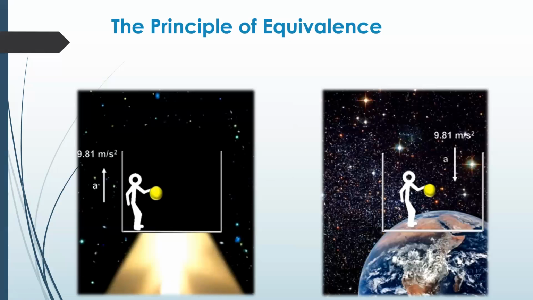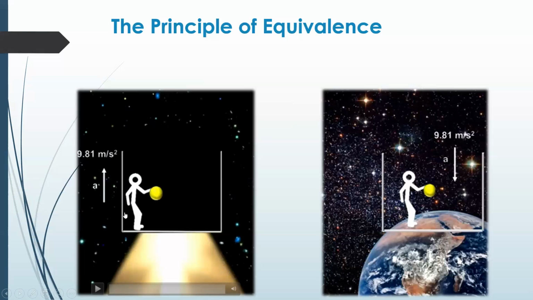Okay, in the first case, here the man holding the apple is standing on a space vehicle that is accelerating upward with an acceleration of 9.81 meter per second square.